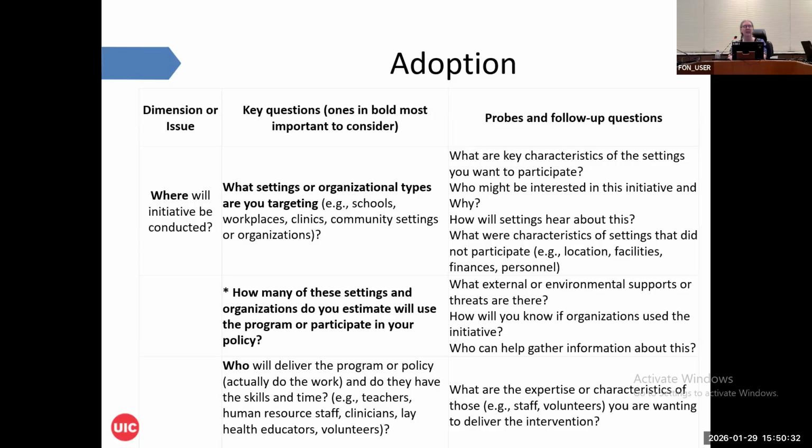And then you also need to think about who will deliver the program, the intervention, and do they have the time and the skills to be able to do it? So think a little bit more about the expertise or the characteristics of who you want to deliver the intervention.